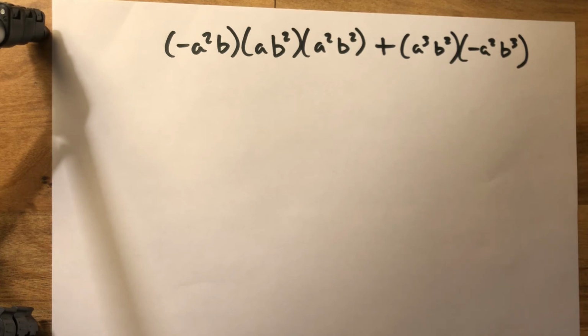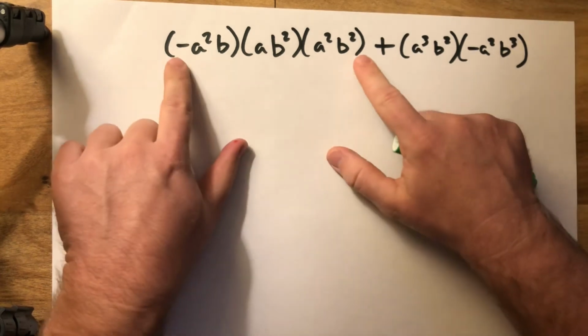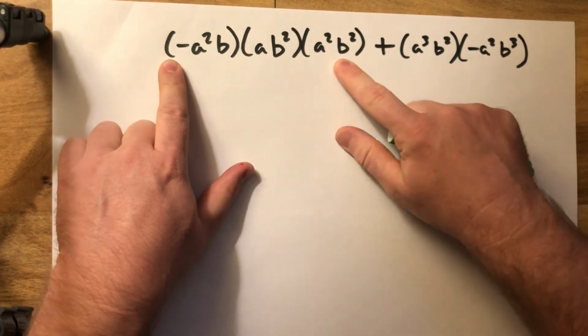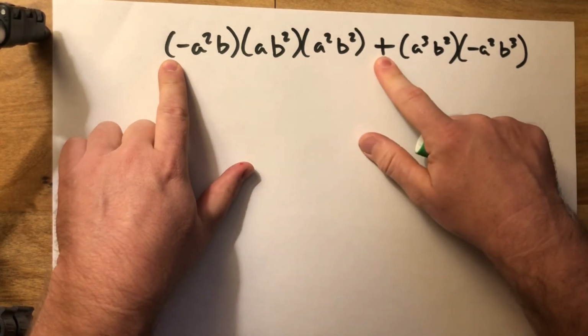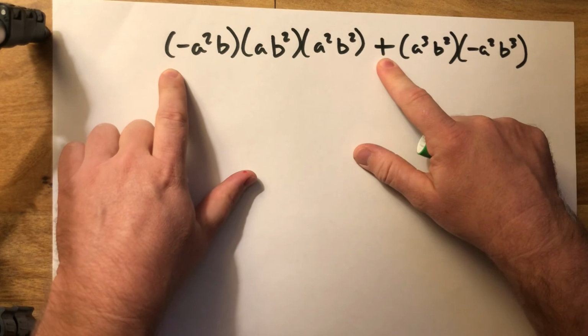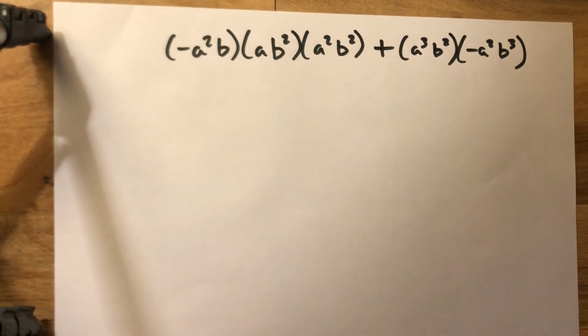Seems confusing, but it's really not. Plus a to the third times b to the second being multiplied by negative a squared b to the third. And in doing so, we're actually going to combine both multiplication as well as, in this case, addition. You might also see subtraction there. So let's take a look and see what happens.